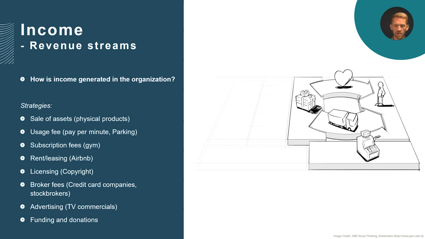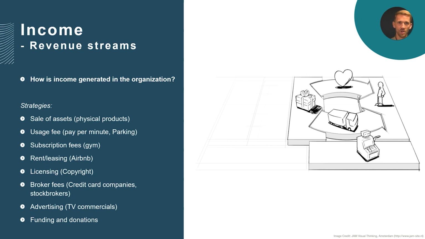And lastly, funding and donation. Sometimes companies try to get some income from different kinds of funding, either private or corporate or whatever. But funding is a big part of some organizations. So, for instance, the university is broadly funded by funding, you could say.